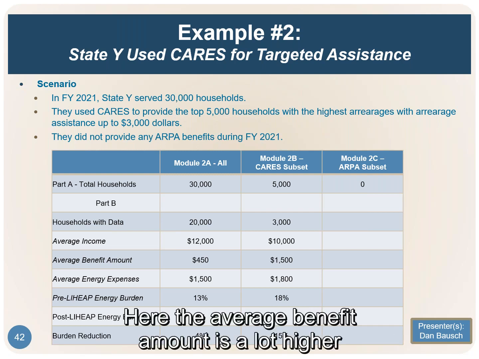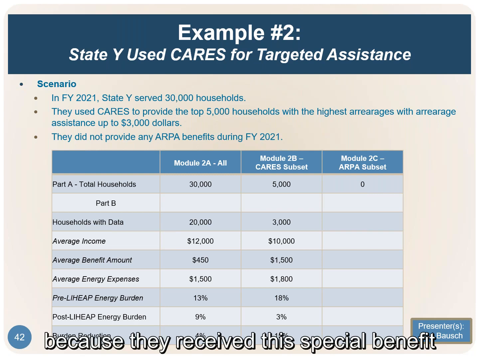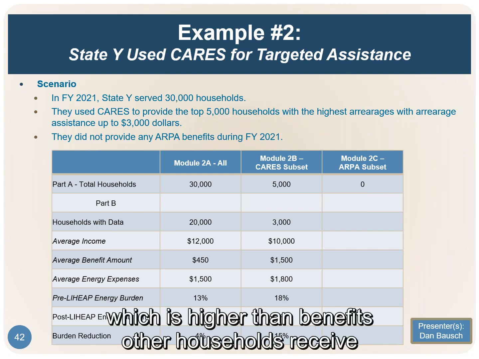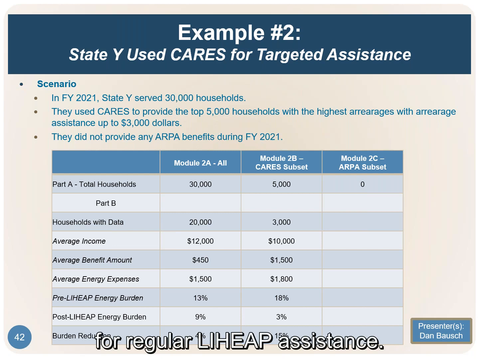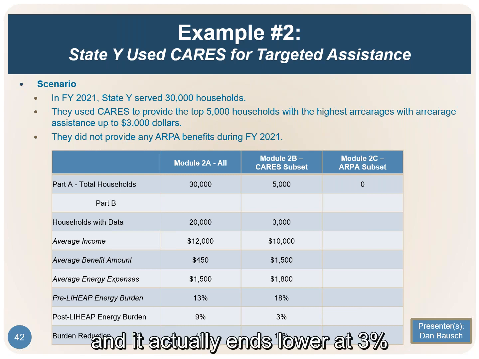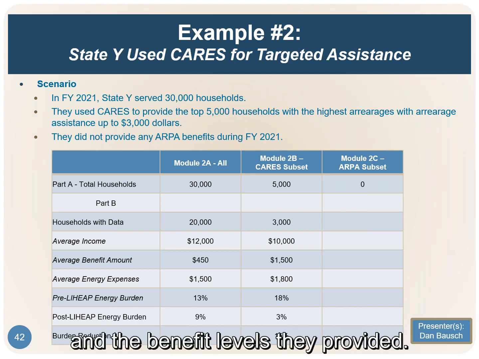Here, the average benefit amount is a lot higher for the CARES subset because they received this special benefit targeting arrearage forgiveness up to $3,000, which is higher than benefits other households receive for regular LIHEAP assistance. So their pre-burden starts off higher at 18%, and it actually ends lower at 3% because of the way that their CARES funds were targeted and the benefit levels they provided.